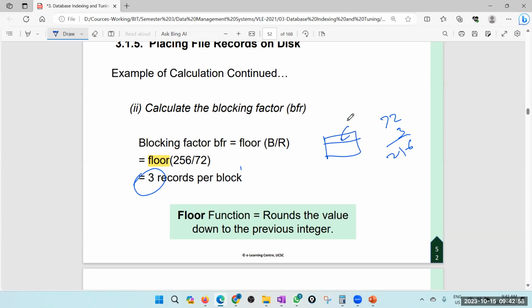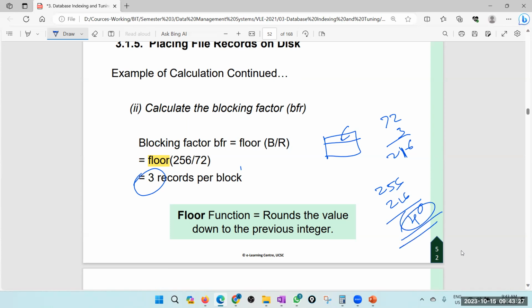Now, if you want, you can calculate the waste of storage for each and every block also. That is 256 minus 3 into 72, because one record is 72, right? So what is 72 into 3? 216. So each block, there's a waste of 256 minus 216, that is 40.